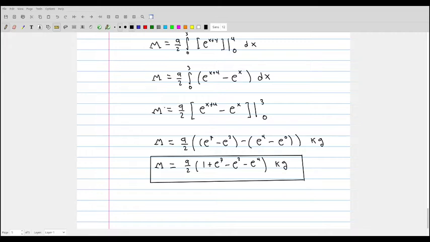This comes out to around 4,600 kilograms. So this m, when you approximate, is approximately equal to 4,603.27 kilograms.